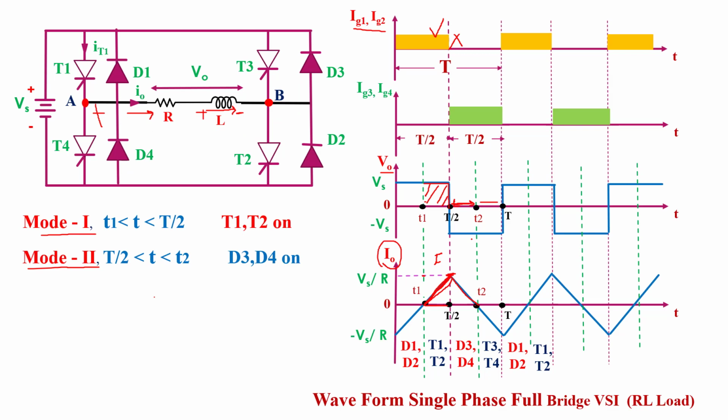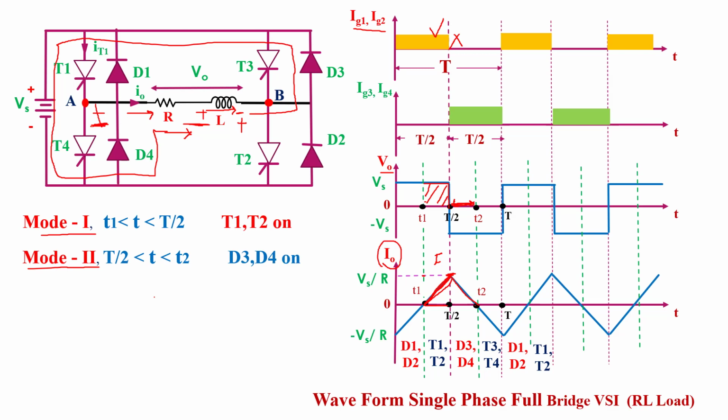And what about the output voltage between T by 2 and T2? In this time interval, terminal A is negative with respect to B, because when the inductor releases its energy, it changes the polarity. So this terminal is negative, and current flows from B toward A this time.